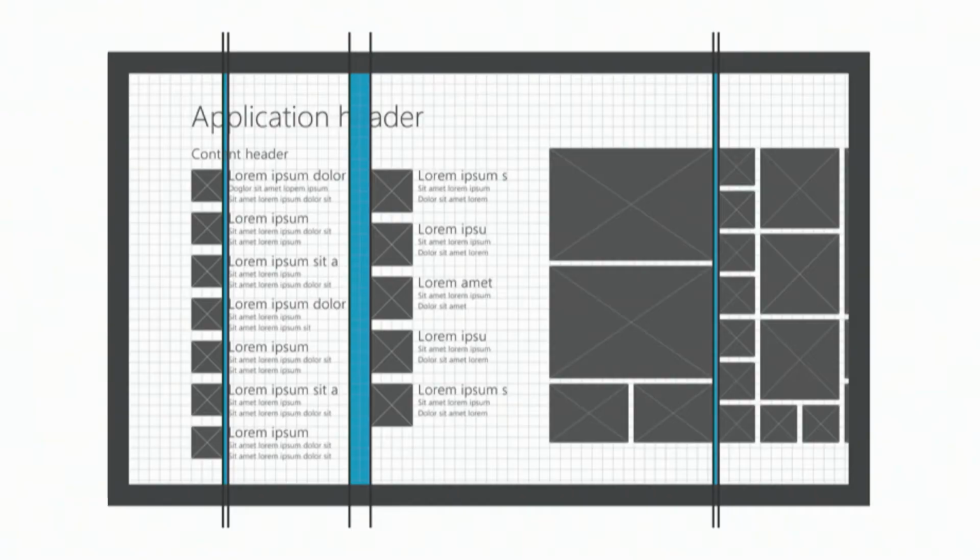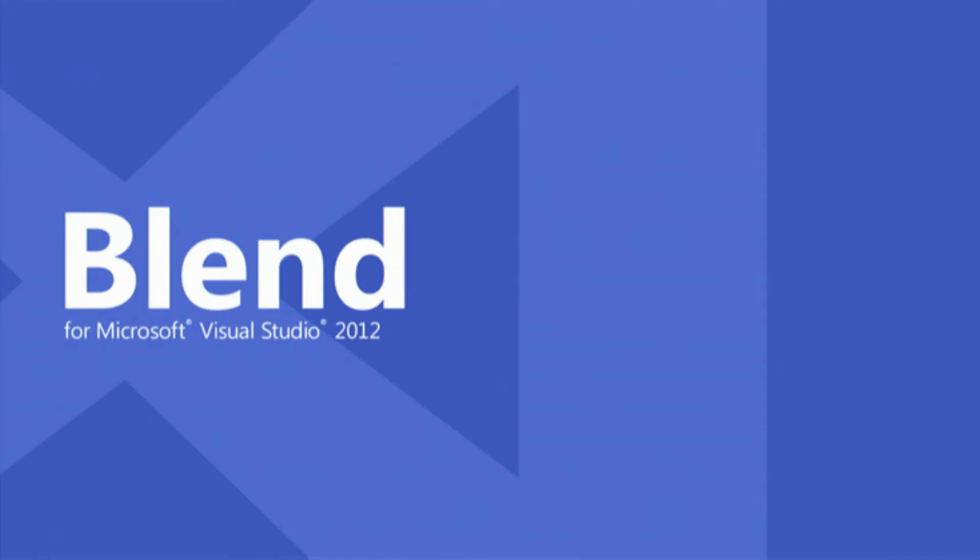And for it to be a proper design surface, we have to impose a grid on that surface so we can create columns and rows and position content exactly where it should be on the surface. This was completely new. And to make this work, they also introduced a new tool called Blend for Visual Studio.